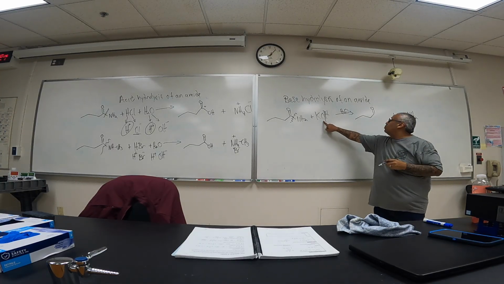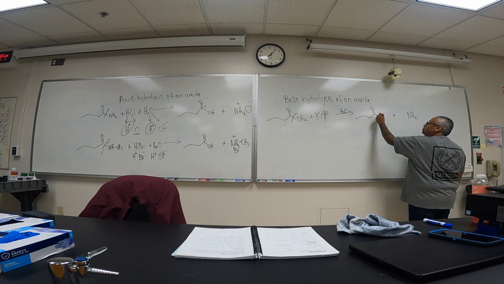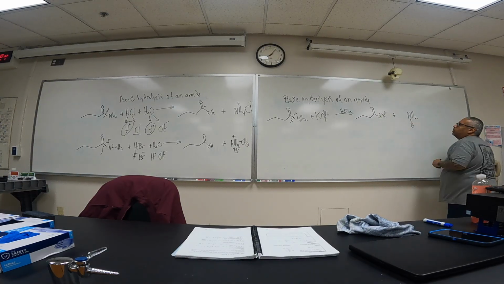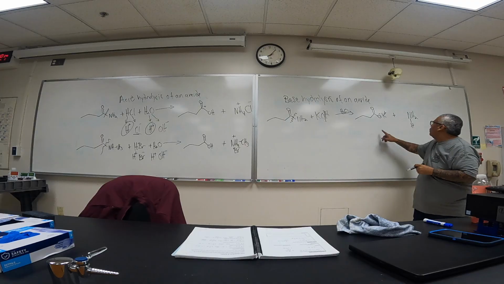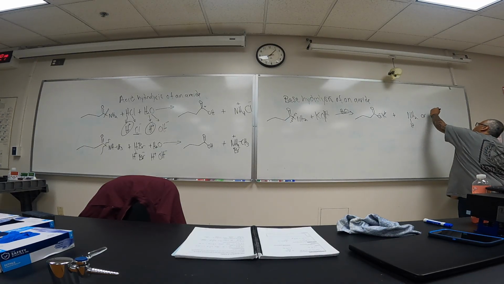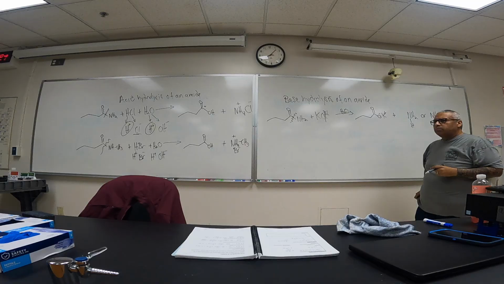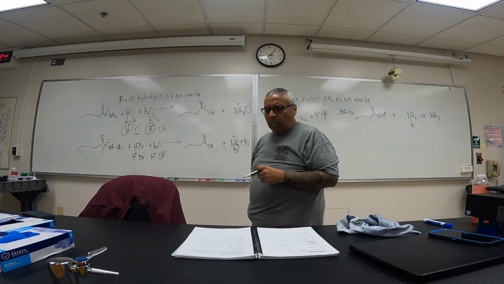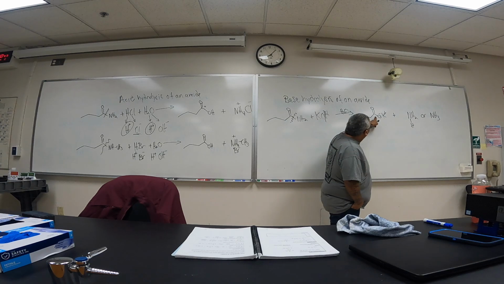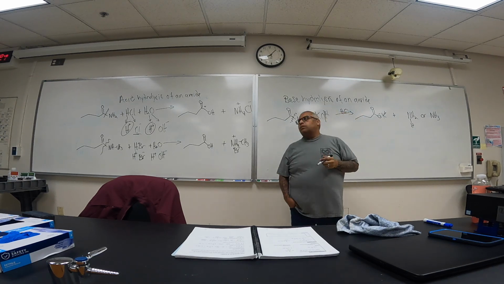The O, we've seen this, we're going to make a salt here. And we're just going to add that other hydrogen that's pulling off over here. You can write it as NH3, you can put a bond to it. Either way you want to write it, it's still going to be ammonia there. So we're going to get ammonia, and then we get some salt here, that this is potassium butanoate.